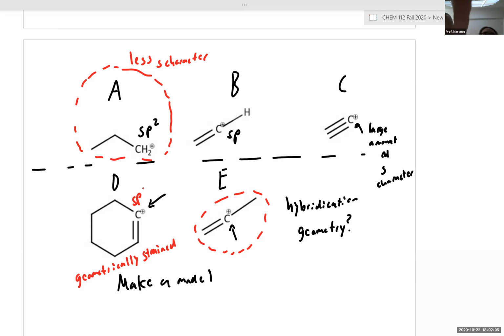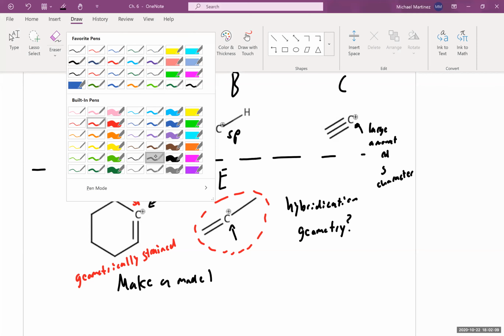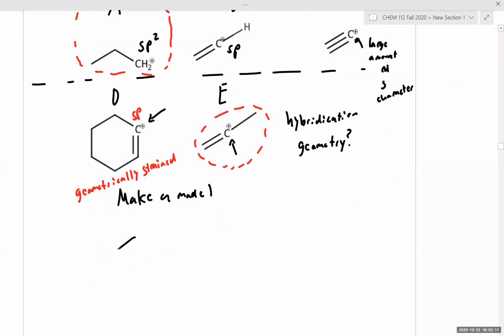So the reason for that, and the reason for this geometric constraint, is that if we have an sp hybridized carbon sitting smack dab in the middle of our ring, we want to get a bond angle of 180 degrees for our carbocation, because it's sp hybridized. It would have a typical bond angle of 180 degrees.